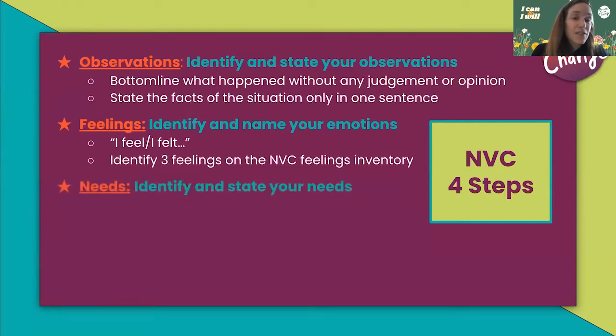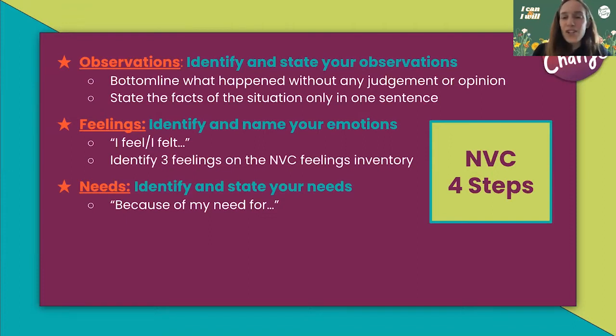Once you've identified the feelings, then we talk about the needs. This is when we're identifying and stating your needs. I had you do this in our Settle In together. So like yesterday when you showed up 10 minutes late to our meeting, I felt frustrated, upset, and sad. But why?